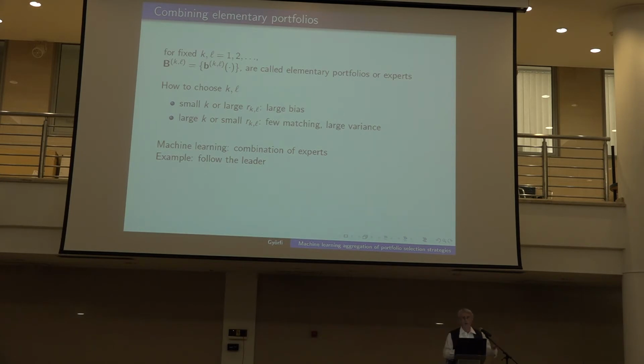And I see that András has the full pocket of money, so I trust him, and I apply his portfolio vector for today. It is the follow the leader. For the follow the leader, we have no proof of consistency.